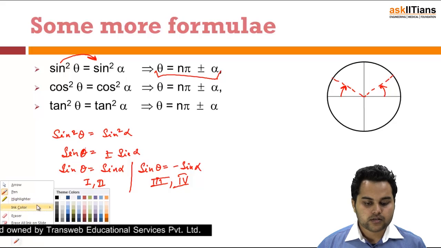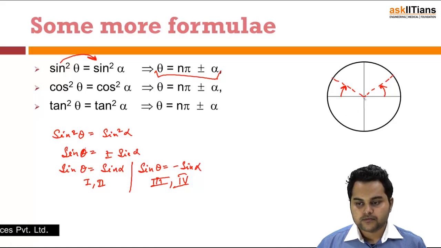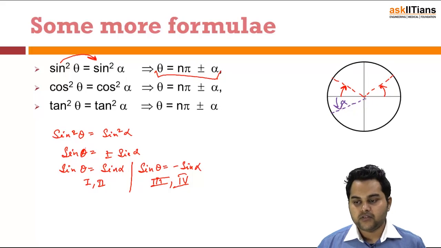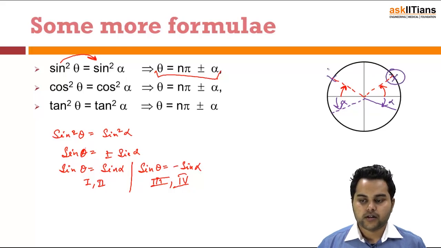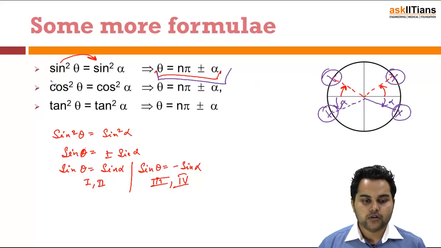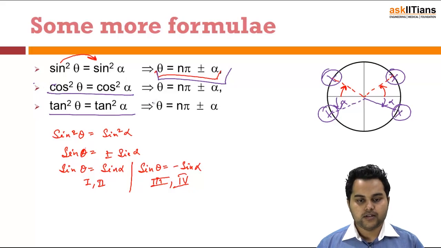For the negative ones, I will have odd multiples of pi plus alpha and even multiples of pi minus alpha. So all these four solutions need to be covered, as they are satisfying the equation sin square theta is equal to sin square alpha. So this is the only way I can cover all the four solutions, and the same logic goes for cos square theta is equal to cos square alpha and tan square theta is equal to tan square alpha.